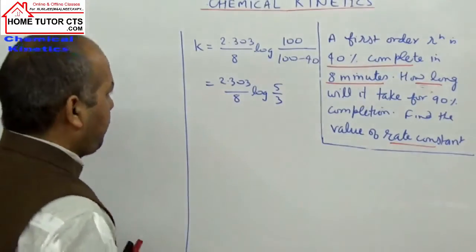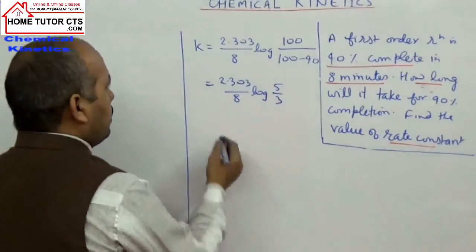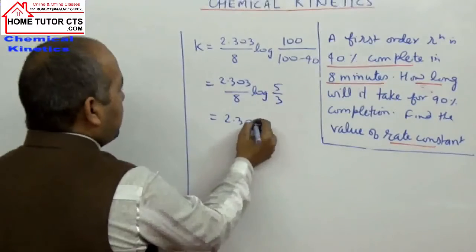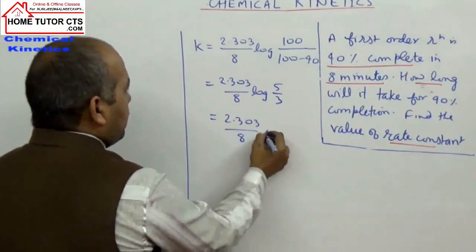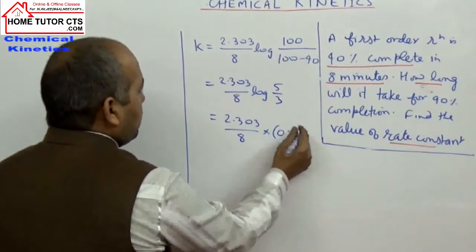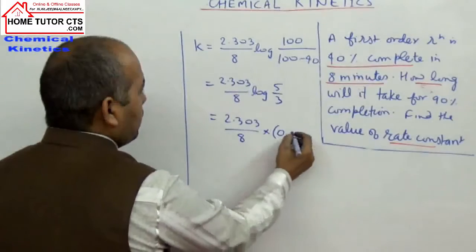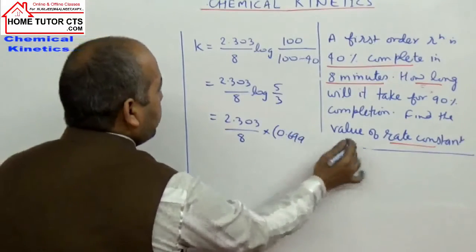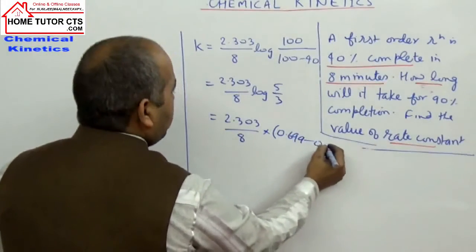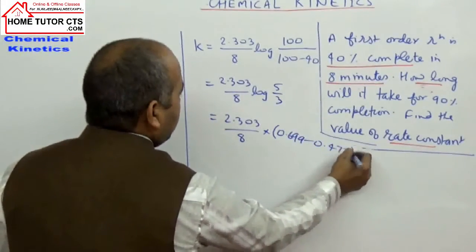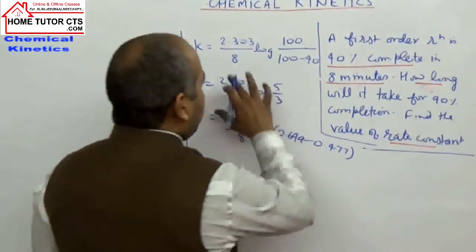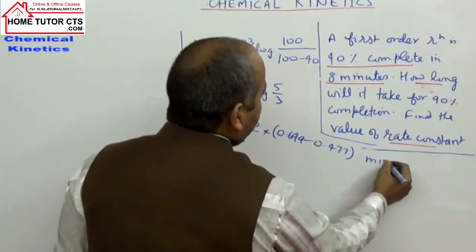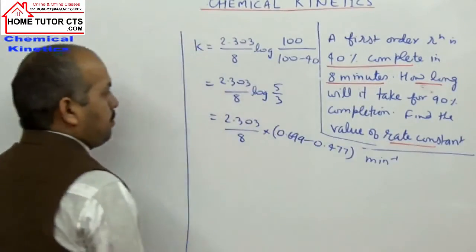The first answer you can calculate now is 2.303 by 8, times 0.7699 to be taken more accurately, minus 0.4771. This is the value of the rate constant in minute inverse.